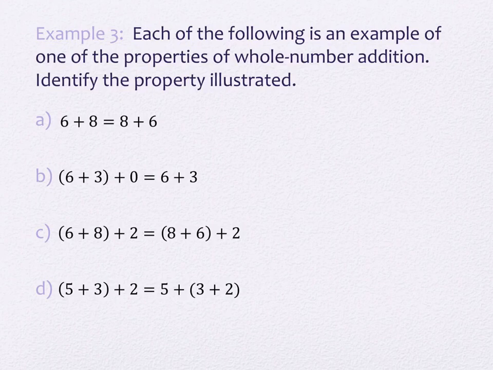If you have an identity property, you're going to use the word additive with it, additive identity property. In this section, it's not super important, but once we merge these sections all together, it will be important.